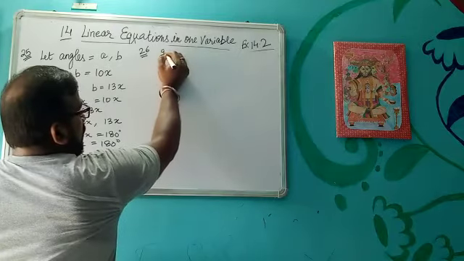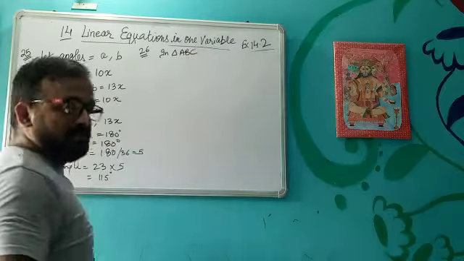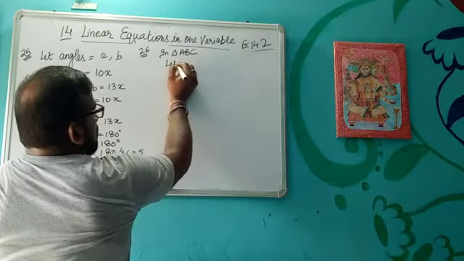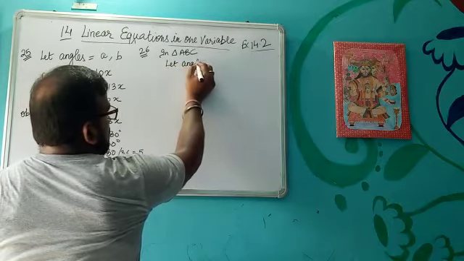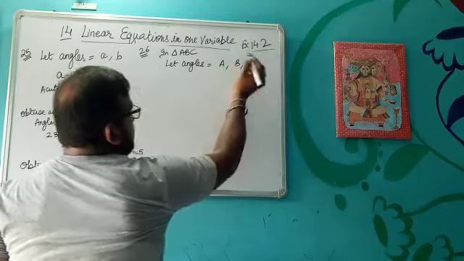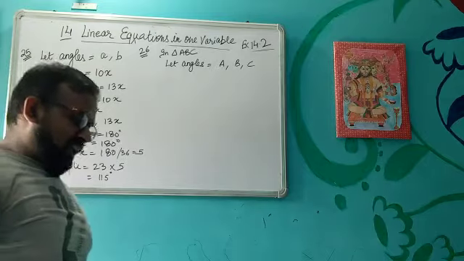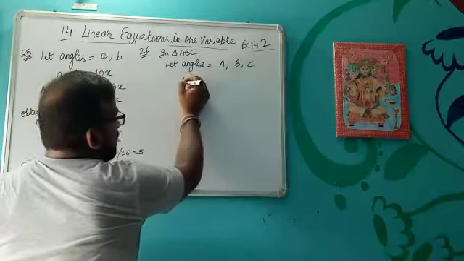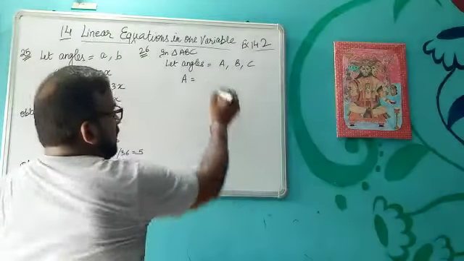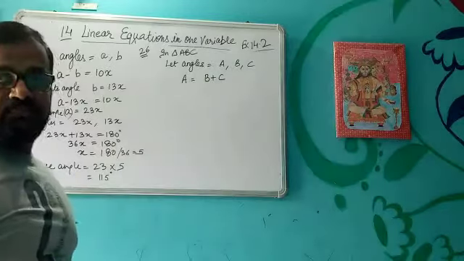So in triangle ABC, let angles equal to A, B and C. I have assumed the angles as A, B and C. Now angle A is equal to how much? Sum of other two angles, that is B plus C is given.